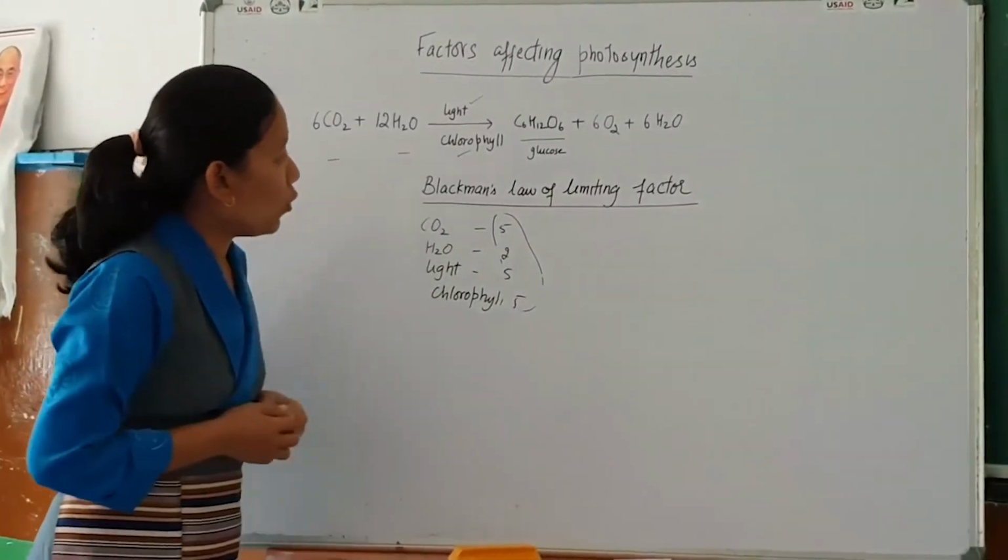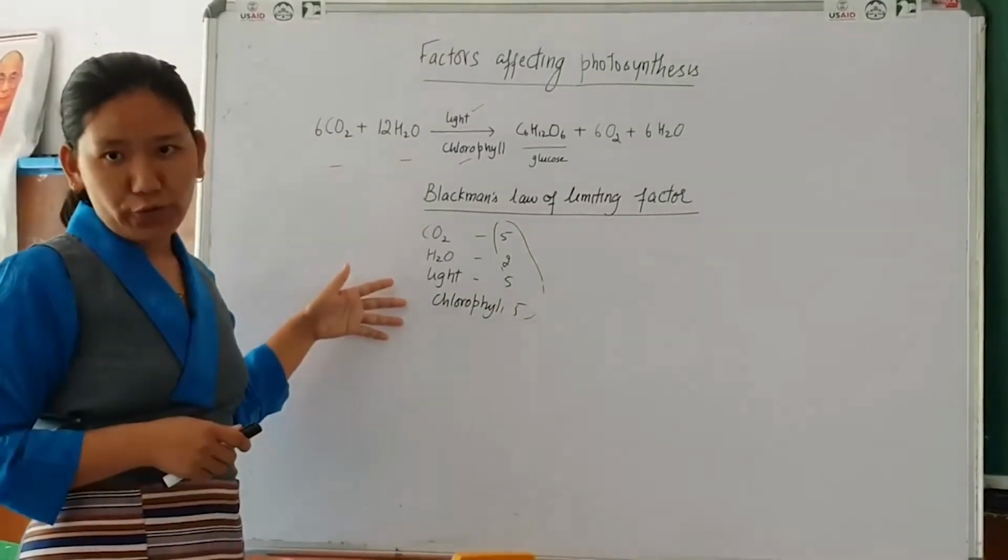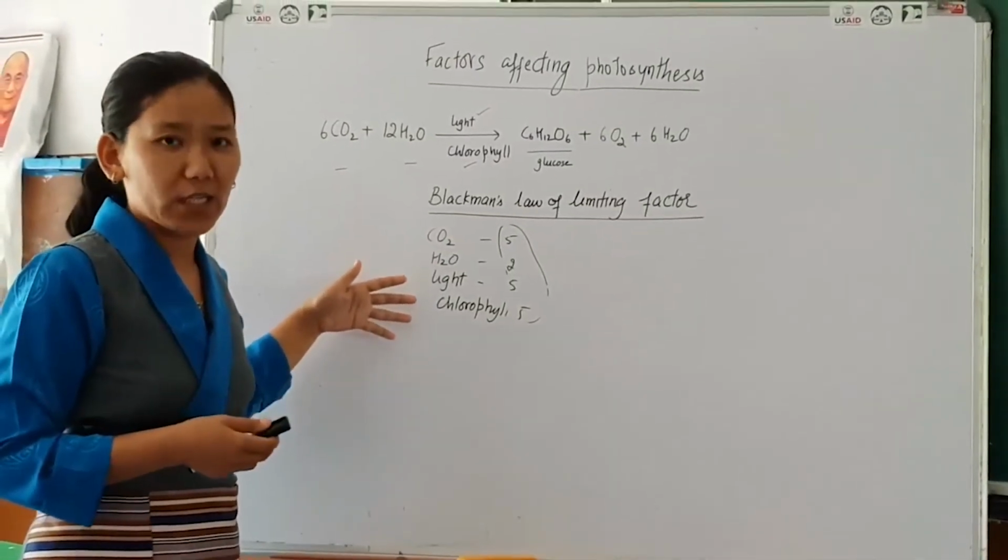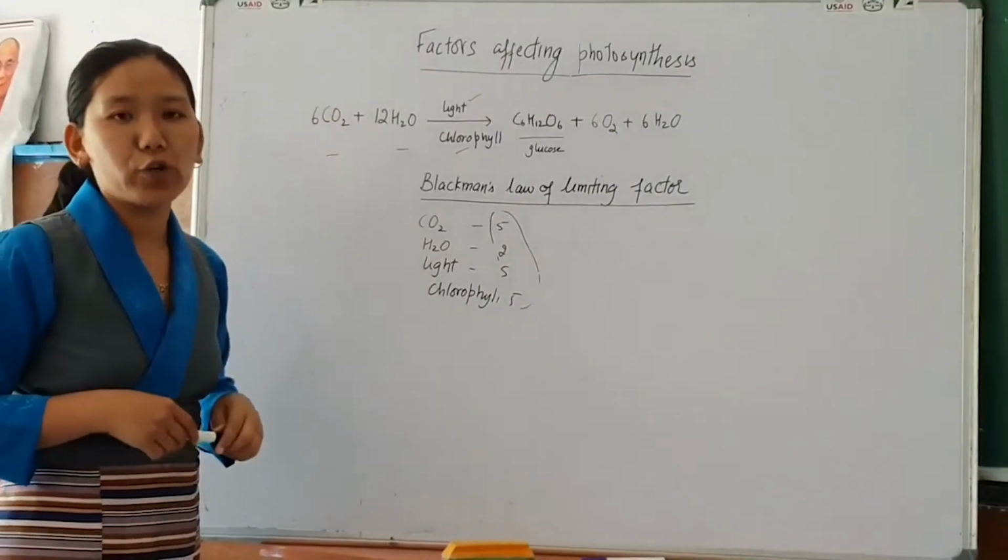Well, now these are some of the factors we find, and there are many more factors which affect the rate of photosynthesis.